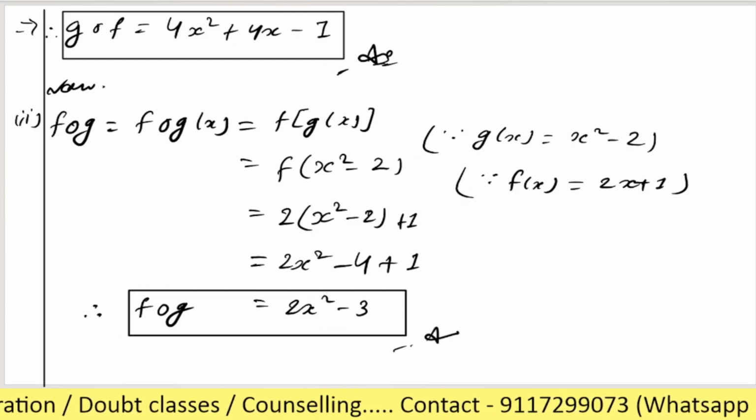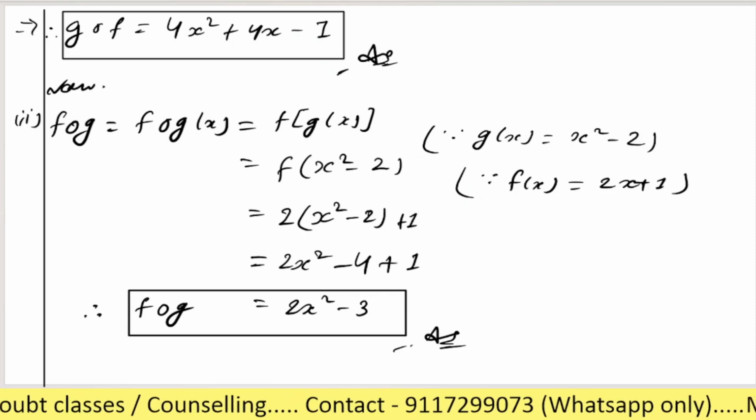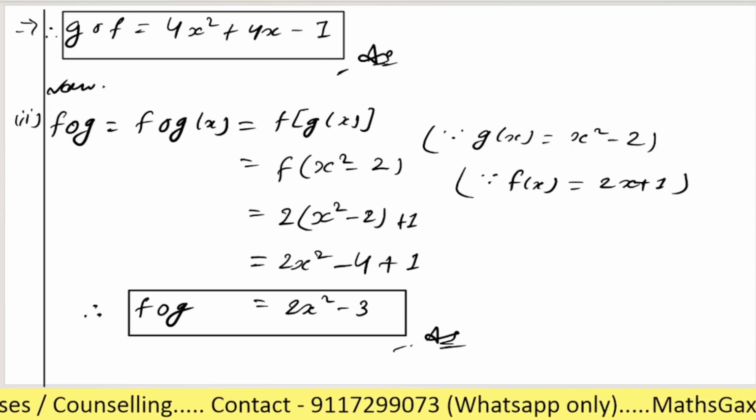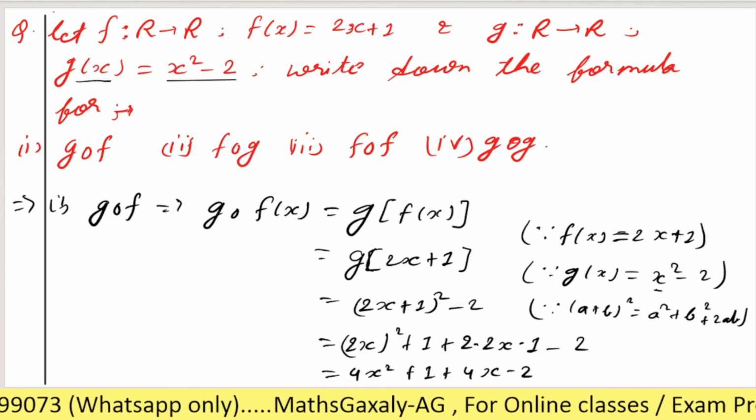Okay, is it clear? Second one na. Now we have to do for third one. So here we will write now for third. What we have to find in third? That is FOF, I think, है ना?